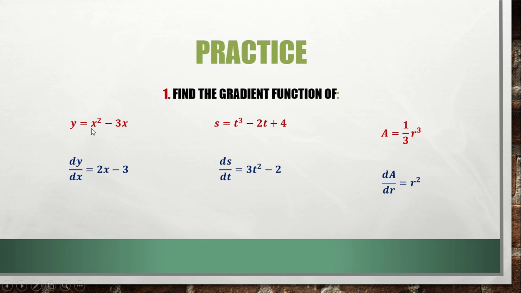The independent variable here is x. It doesn't require any other value to define itself, but y requires x to define itself. So y is the dependent variable and x is the independent variable. Similarly, s depends on t, so t is the independent variable and s is the dependent variable. Here we have a, and r is the independent variable. That is the main thing you need to know.